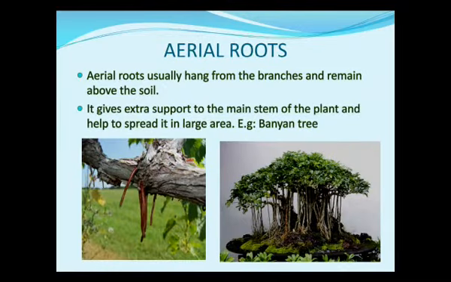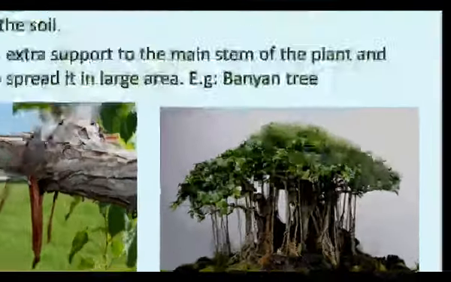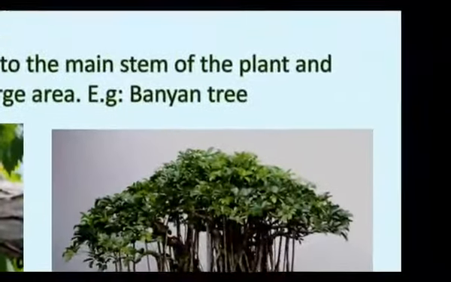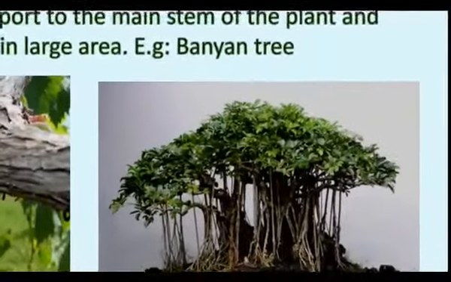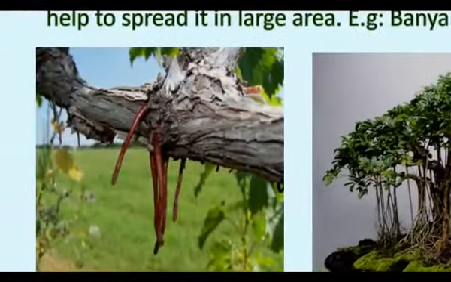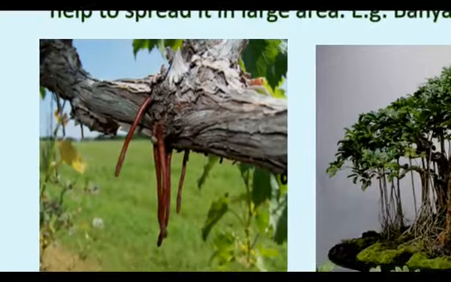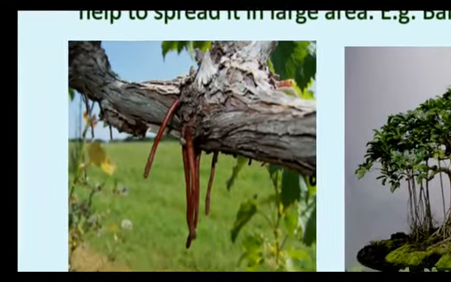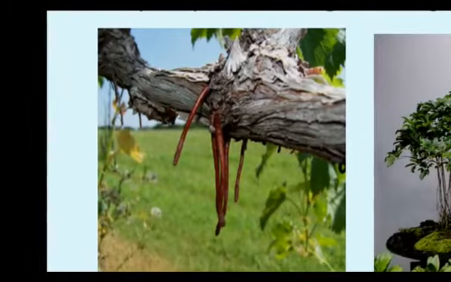Can you see the picture? This is the picture of which tree? Yes, banyan tree. And here in this picture, can you see something? There is the branch of the tree, and from that branch something is coming out.